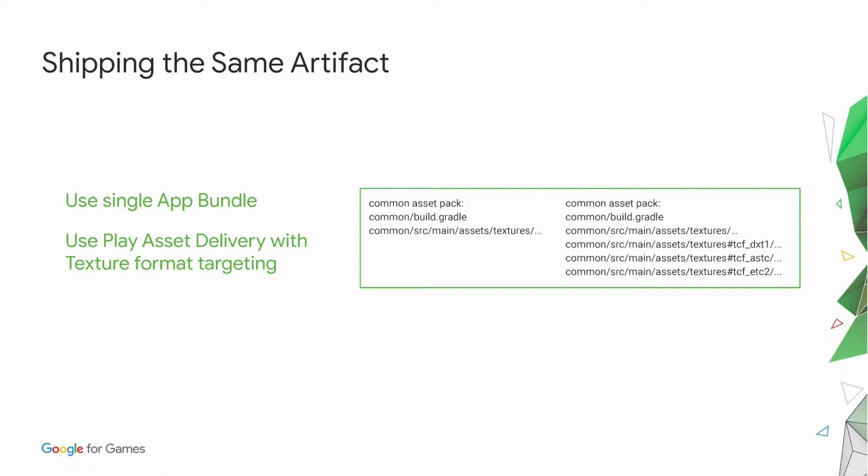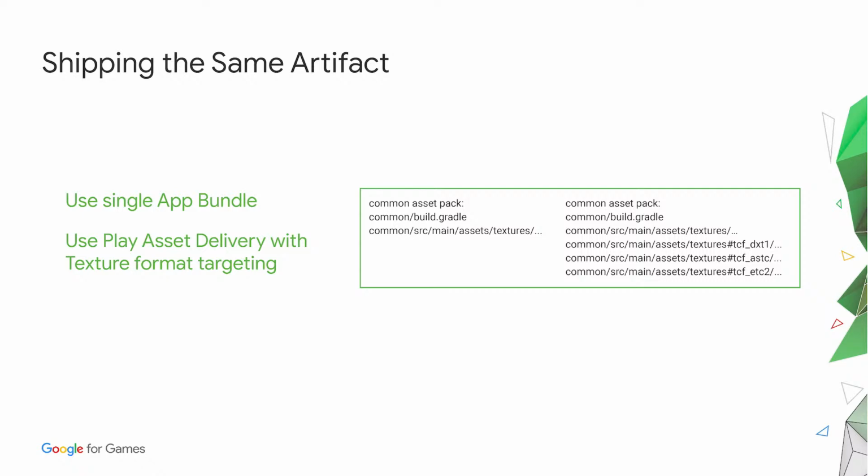You don't have to create a separate build just for PC, even if you want to deliver a different texture format to PC. Of course, you don't need to worry about delivering the unused textures to mobile users. With the help of App Bundle and Play Asset Delivery, we provide a way for developers to do smart targeting on devices. You can create a single bundle with all the textures inside.